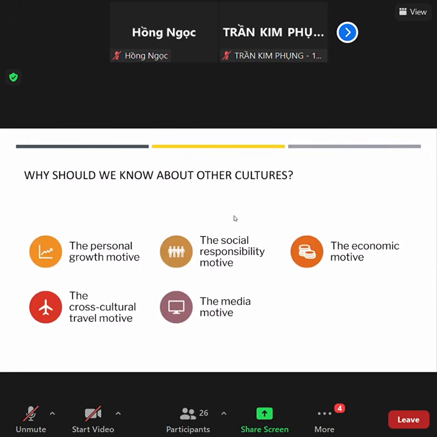And the second one is the social responsibility motive, okay? So we can say that we are not simply isolated individuals, right? We live in contact with others. For example, nowadays you can see that pollution is getting worse and worse, and our responsibility is to protect our living environment.